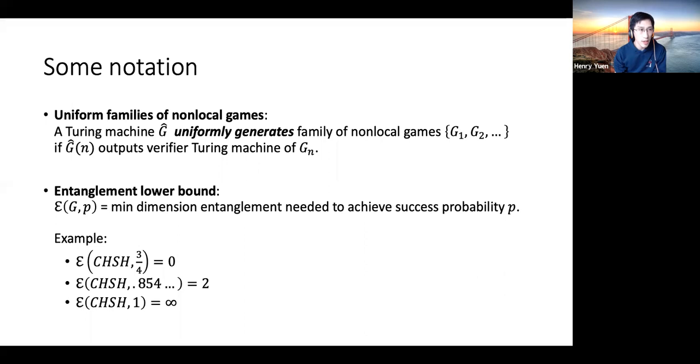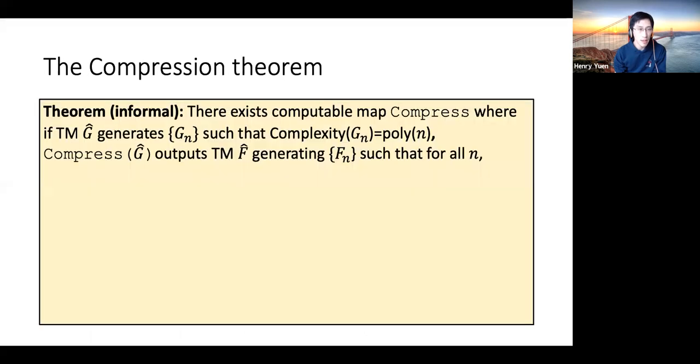Okay, so now this takes me to the main technical result, which is the compression theorem. There's a bunch of pieces here, so I'll go through this slowly. It says that there's some computable map, compress.